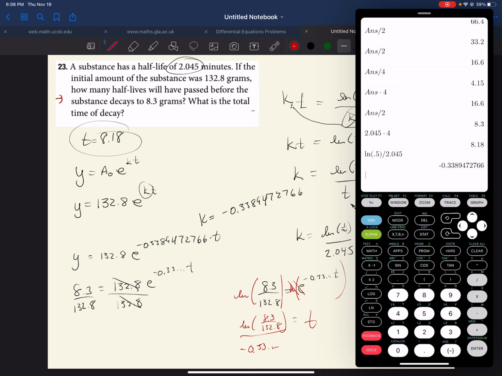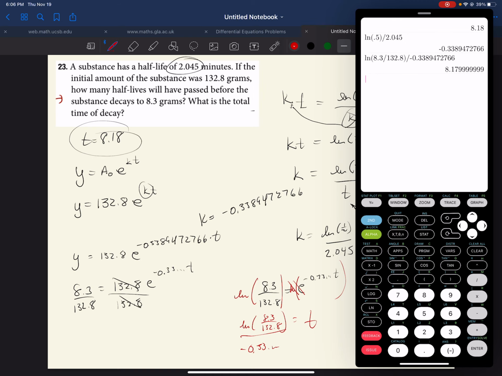And watch this now. If I do the ln of 8.3 divided by 132.8, and that whole thing's divided by negative 0.3389472766, it's pretty close.